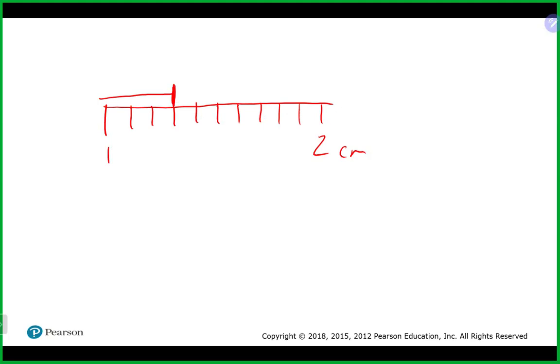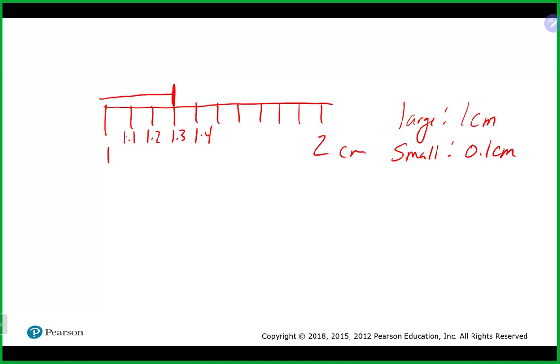Now, obviously, this is the same scale we just used previously, so we know the large markings represent 1 centimeter. The small markings represent 0.1 centimeters. And that would mean in this case 1.1, 1.2, 1.3, 1.4, and so forth.